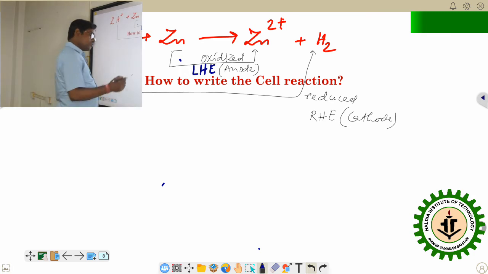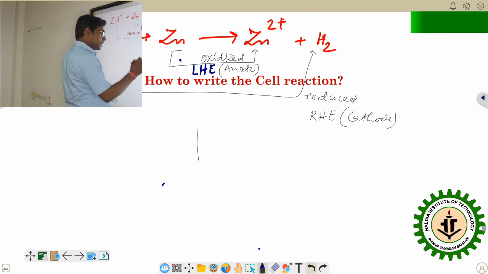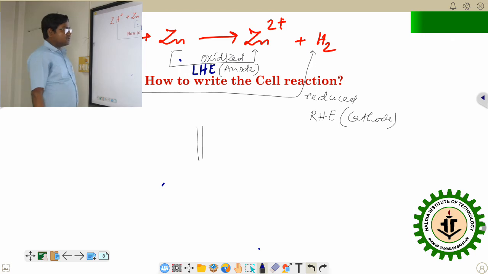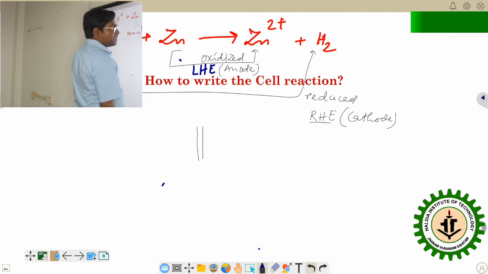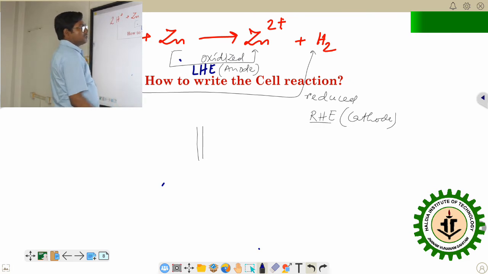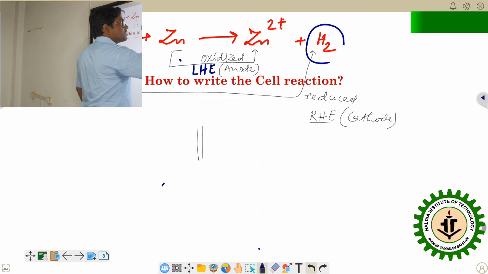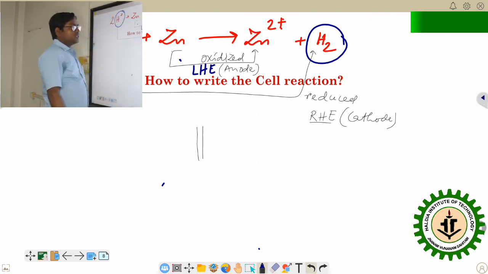Then all of us know we have to use some salt bridge, and salt bridge is normally presented by using parallel lines. To the right side of it we will draw the right hand electrode. Which pair constitutes the right hand electrode? Where there is the reduction, which is that H plus and H2. This is the pair constituting the cathode or right hand electrode.